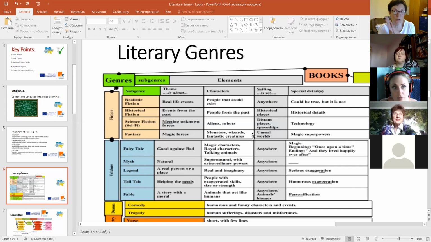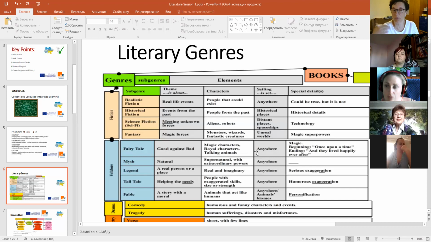You may use all these questions from Bloom's taxonomy when you talk about literary genres, and you may use this map very often, every year when you go back to the books, because this is how your students will develop the understanding of genres.